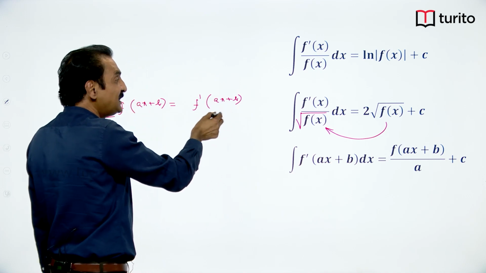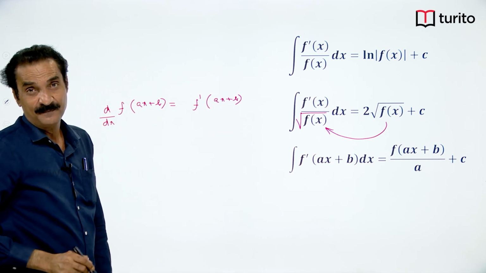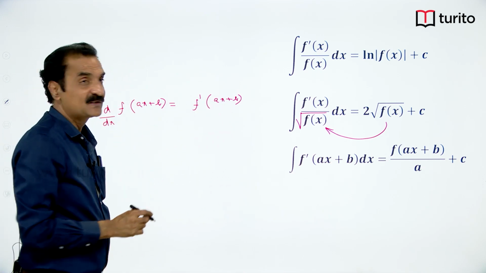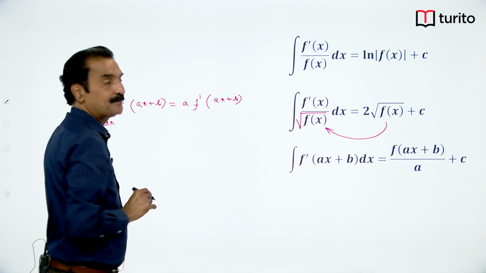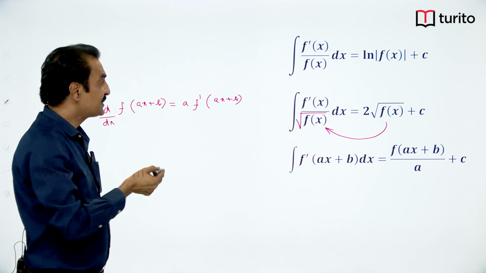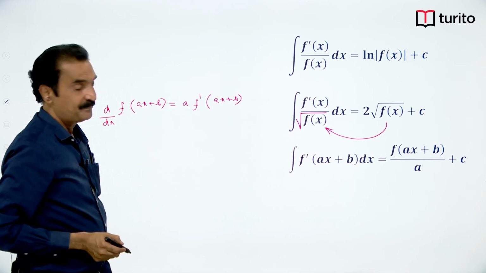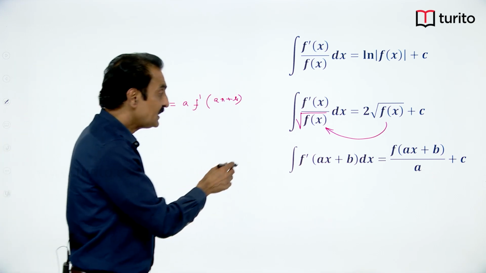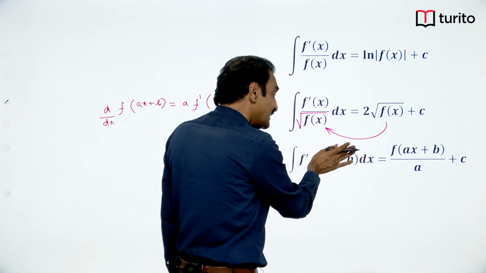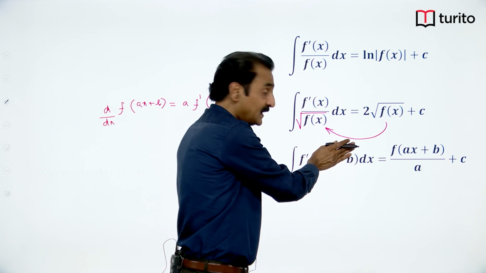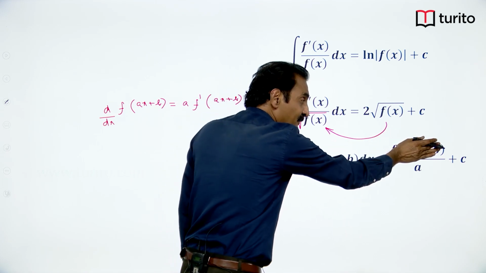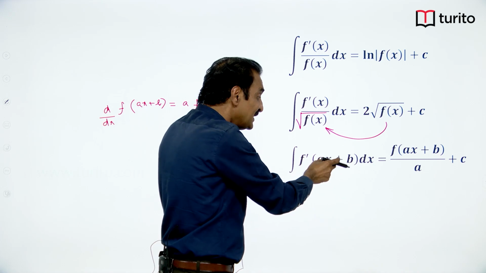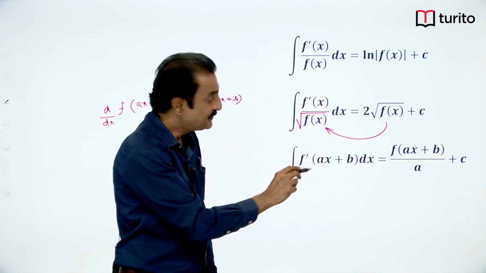Then you will multiply by the derivative of ax plus b. What is the derivative of ax plus b? It is a. In integration, we divide by a. The integral of f dash of ax plus b, assuming that this is x, the integral of f dash x is f of x. Then divide by the inner derivative, the derivative of ax plus b, that is a.